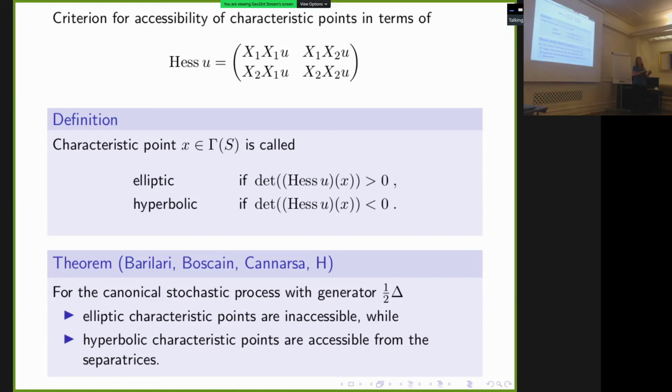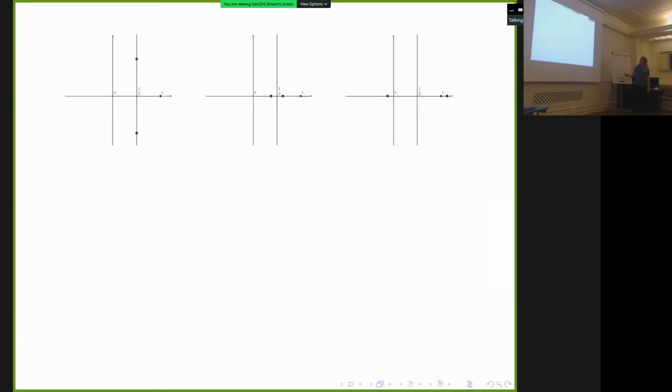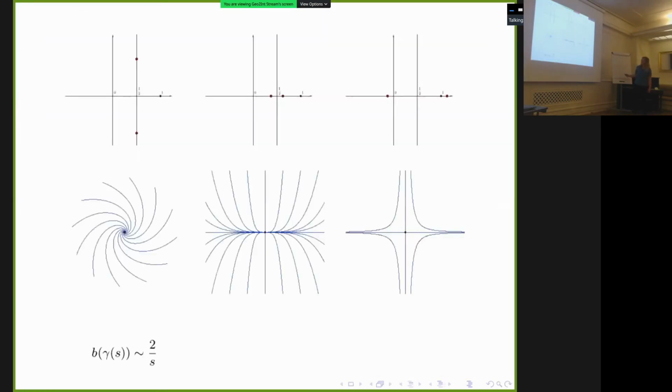So for instance, if you take a parabolic hyperboloid in the Heisenberg group, you can end up with hyperbolic characteristic points. And then what happens is that in the hyperbolic case, locally around your characteristic point, you're of the saddle type.